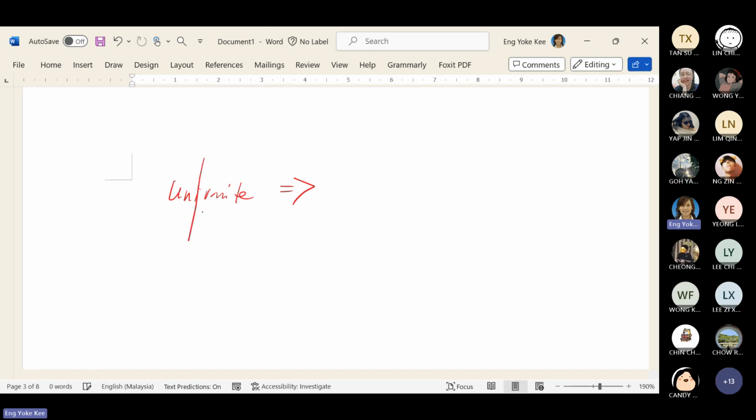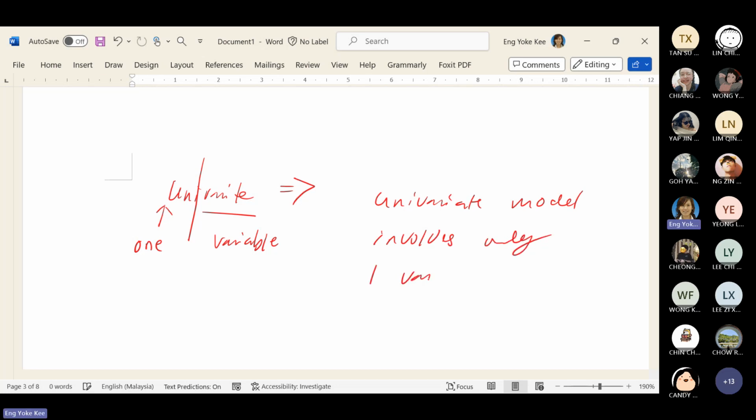So univariate, variate means variable. Uni means one variable, right? A univariate model involves only one variable. Who?